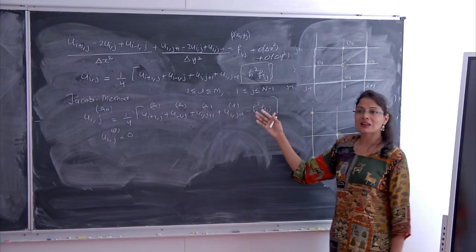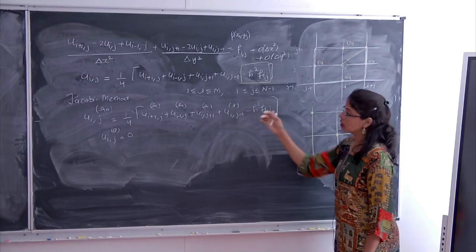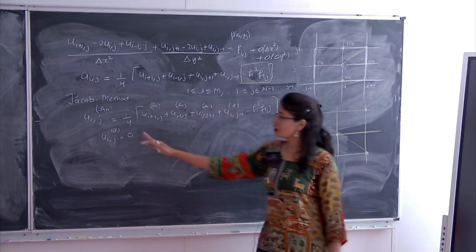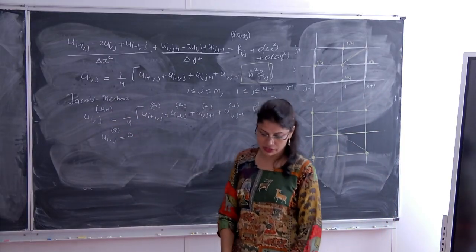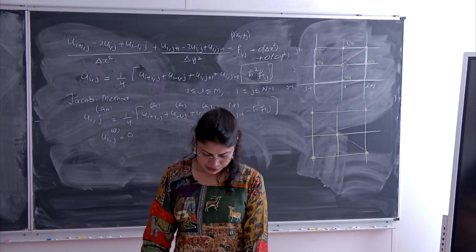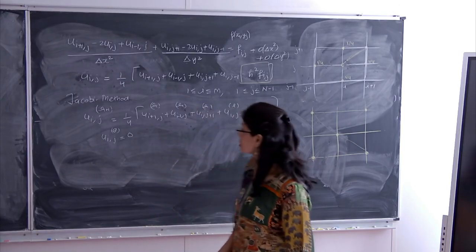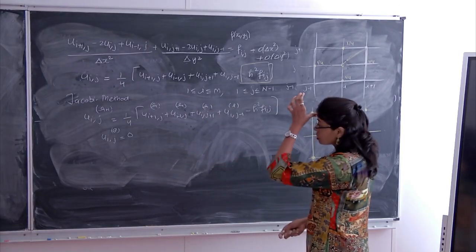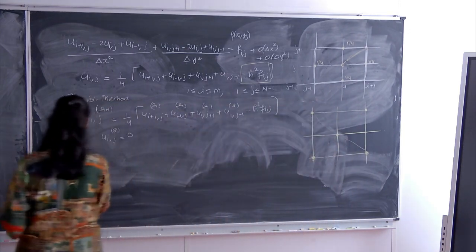So I can put in the value of the right hand side function, and we can find the values of the next iterations. Okay, next is the procedure which is called the Gauss-Seidel method.